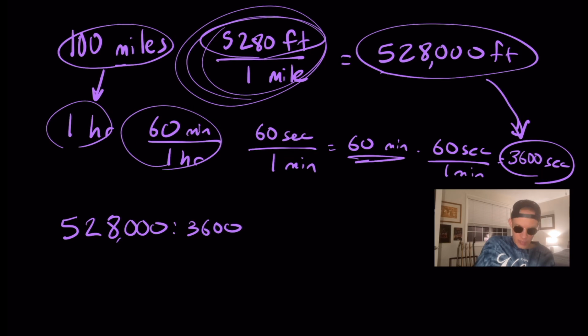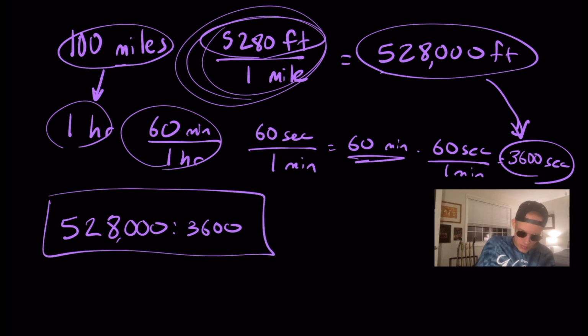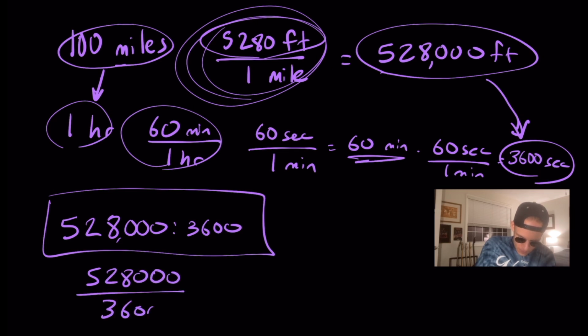This is one way to express it. Let's write it as a fraction, like that. And let's simplify this. I can cross out some zeros here, so I'll have 5,280 over 36.